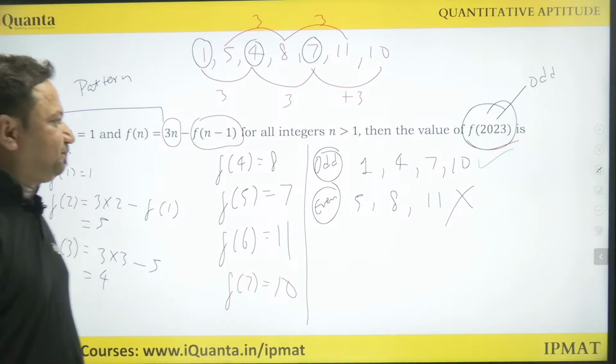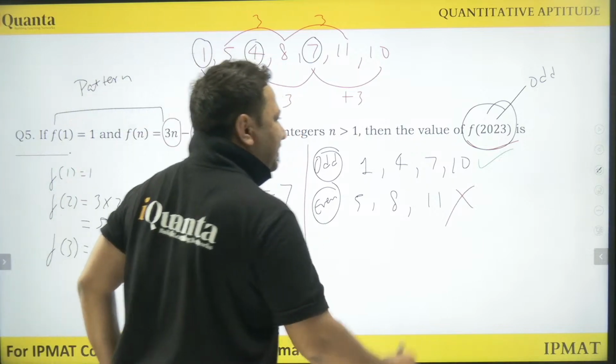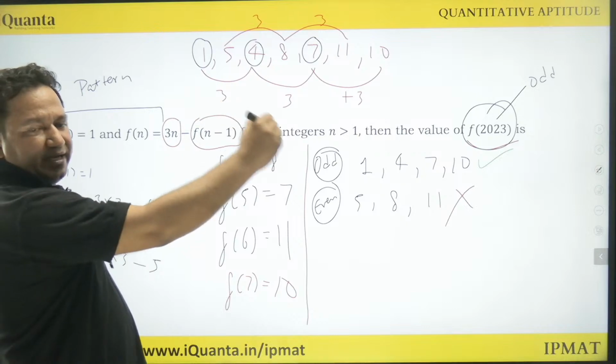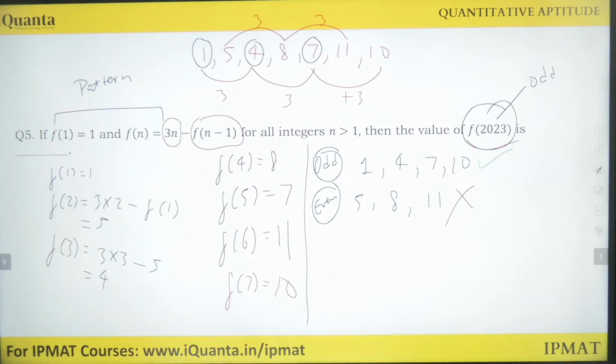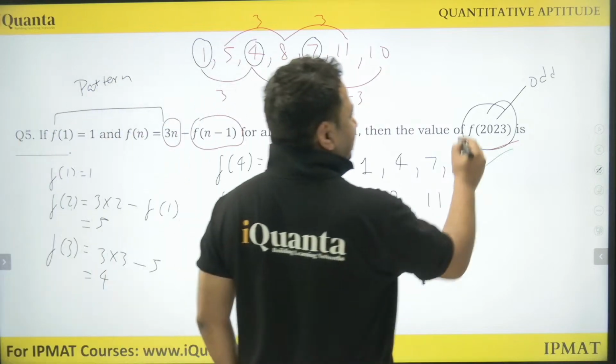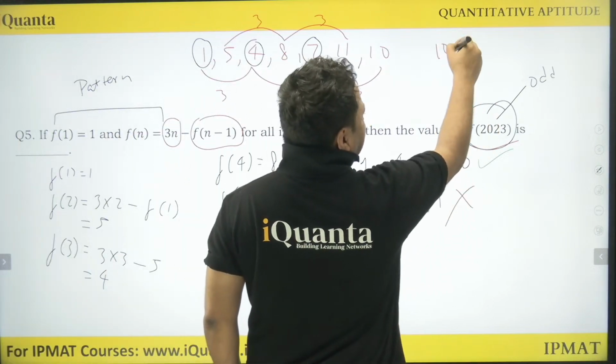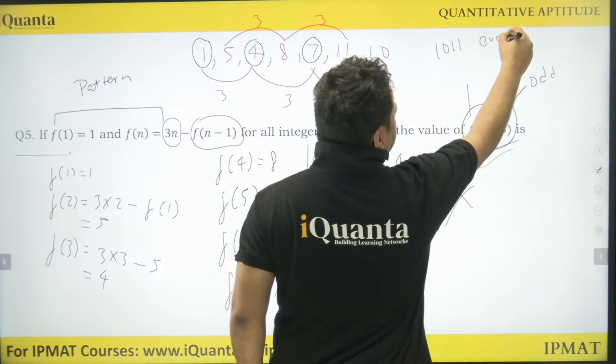By the way, if I keep on writing all the elements f1, f2 till f 2023, how many odd elements would I have written? And how many even elements would I have written? 2023 में से 1011 elements will be at even positions.